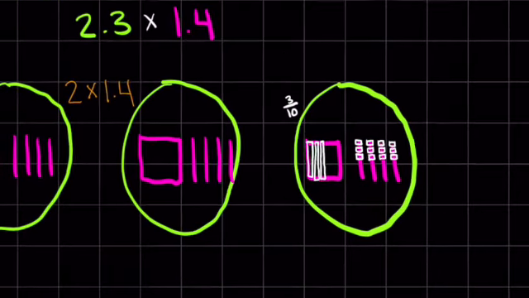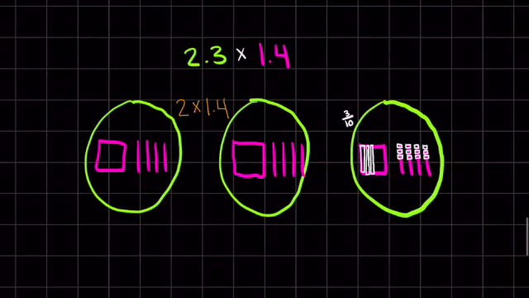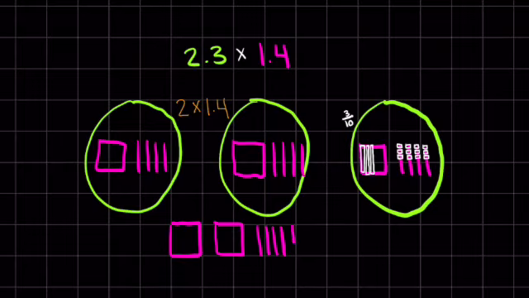Let's look at what we have all together now. Okay, all together I have one flat from here, one flat from here. I have 4 longs from here and 4 longs from here. So that's 1, 2, 3, 4, 5, 6, 7, 8 longs.